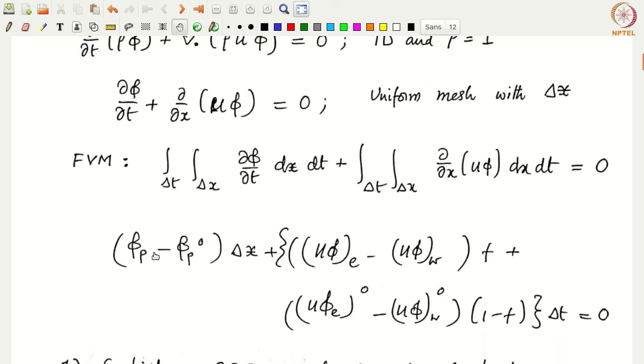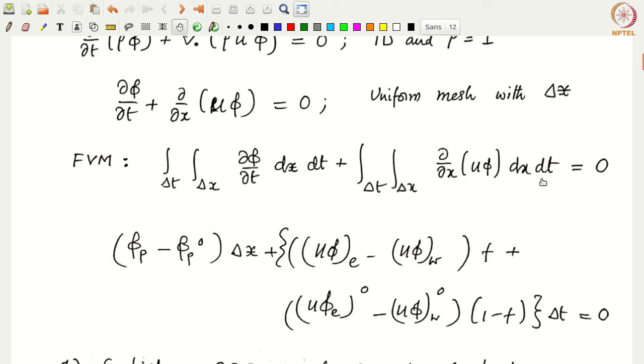So we can write the first quantity as phi p minus phi p0 times delta x, right? Because this will simplify to partial t dt, which will give you phi, and the phi value at the cell centroid can be taken assuming that it prevails over the entire cell. So this will be phi p minus phi p0 times, of course, the volume, which is delta x, right? Plus, now how do we integrate this particular term? Essentially, we apply the Gauss divergence theorem. Then partial x of u phi dx would give you u phi on both the faces, right? This is u phi on the east minus u phi on the west.